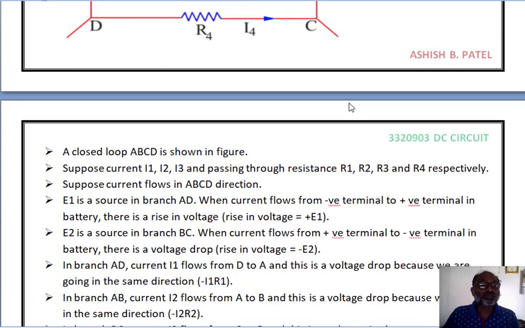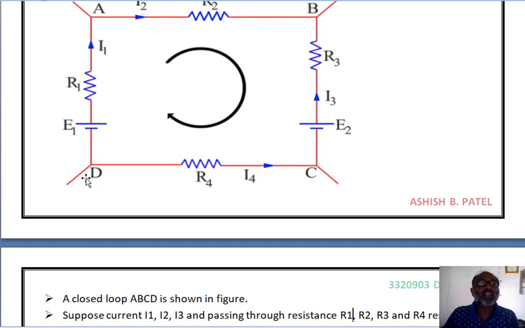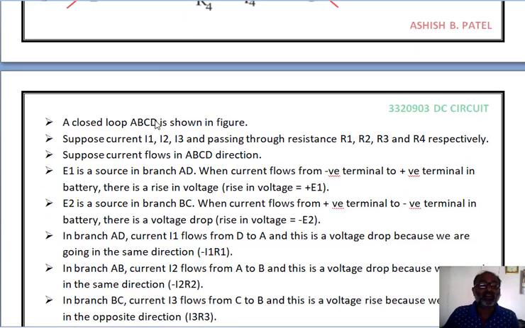Now in branch AD, current I1 is passing through resistance R1. Now the direction of this current, whatever we are assuming, is in the same direction. So the current passing through this branch I1 and the loop current are both in the same direction.